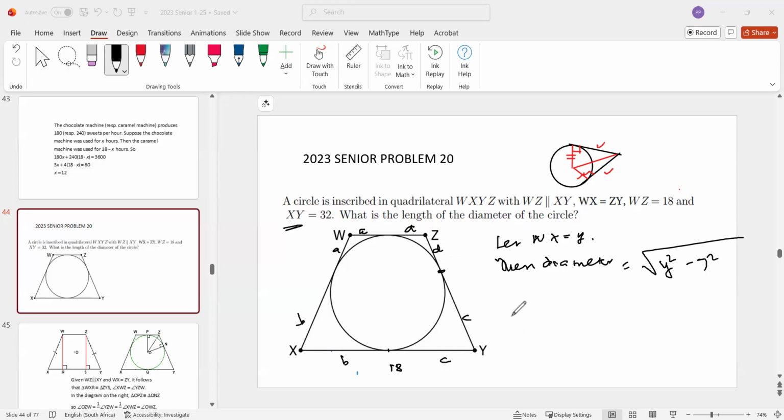Okay, and now you'll observe something very, very interesting. Namely, that the sum of the opposite sides, okay, we had that this is 18.